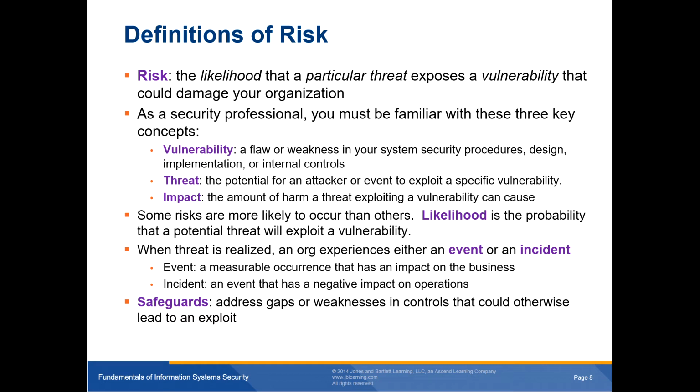So a CCTV system to prevent theft could be a safeguard. And countermeasures counter or address a specific threat, whereas CCTV may not really just be there for theft. A countermeasure like some kind of specific alarm or specific device might be there to address that particular threat.